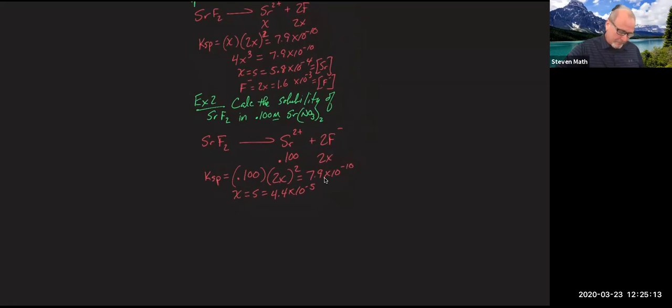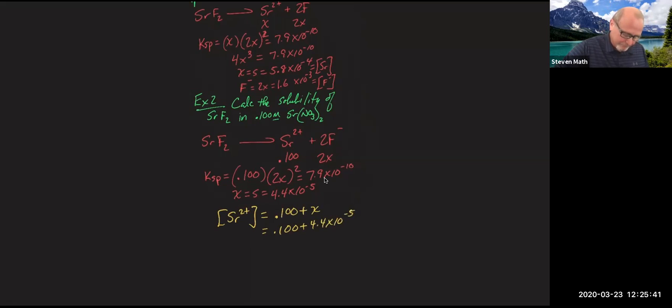Now, someone out there is probably saying, well, shouldn't the concentration of Sr2+ be equal to 0.1 plus X? Yeah, it should be. We could do that. 0.1 plus 4.4 times 10 to the minus 5th.